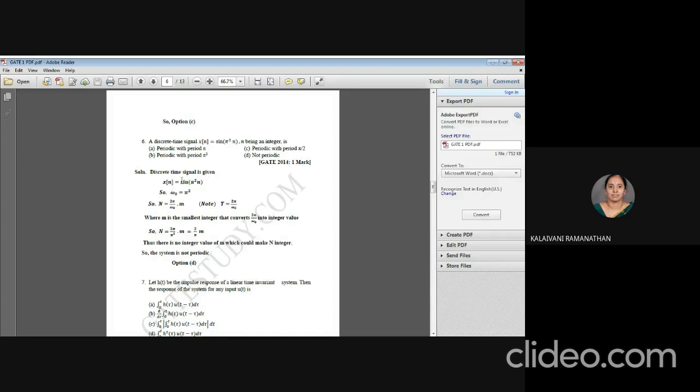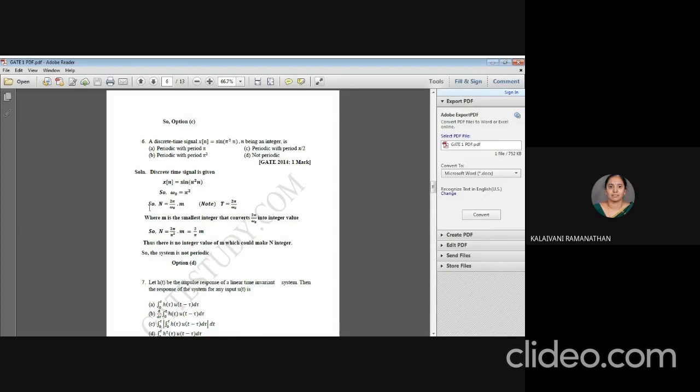So in this case, I'm going through the substitution. Let us consider your x of n equivalent to sine pi square n. From this equation, you have to compare it with the standard equation, that is sine omega naught n. When you compare sine omega naught n and sine pi square n, omega naught is equal to pi square.